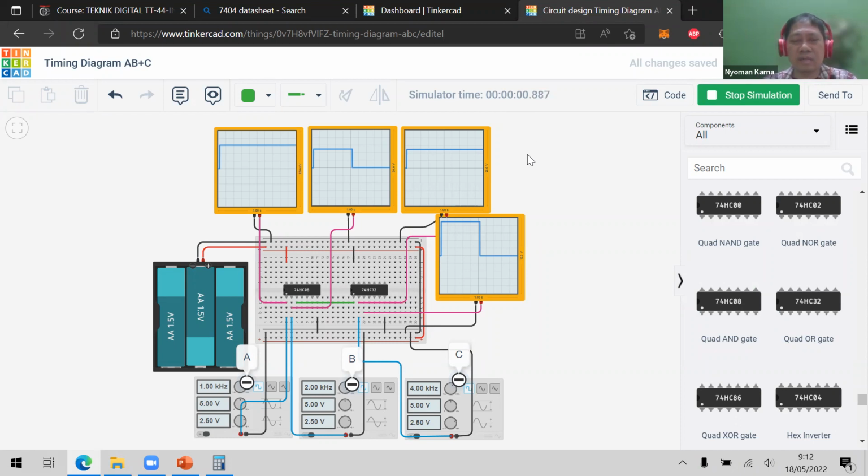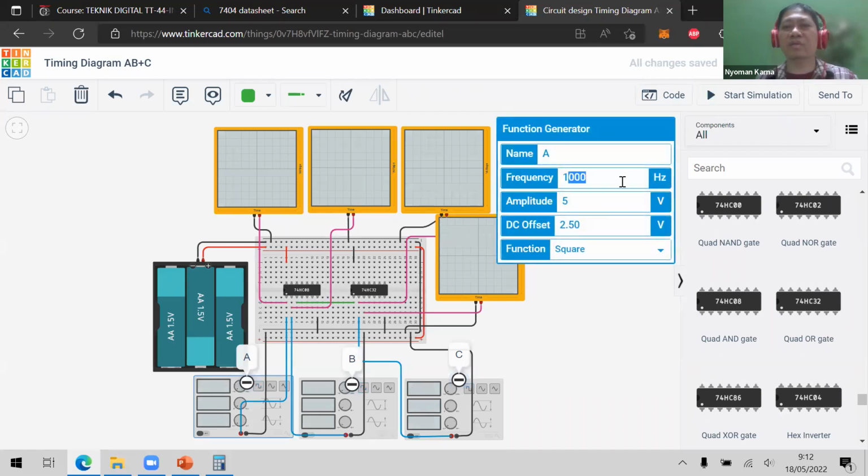Now, you can see in here the output, let's wait until it's stabilized. Okay, still 1 second for the simulator time. So I think it's not working properly. The frequency is too high for the simulator.